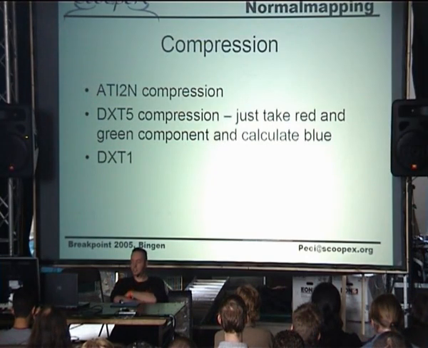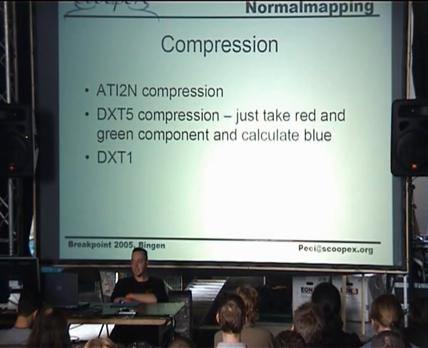You could use something similar with DXT5 compression by just ignoring the blue and the alpha channel so that they don't mess up the compression, and just taking the red and the green component and calculating the third component as you would with the ATI compression method.